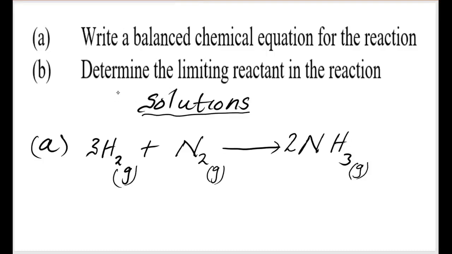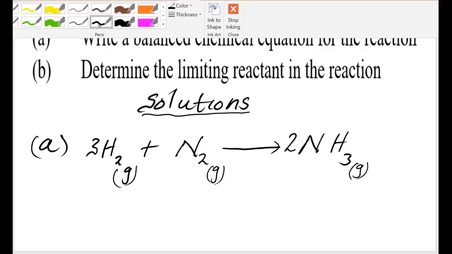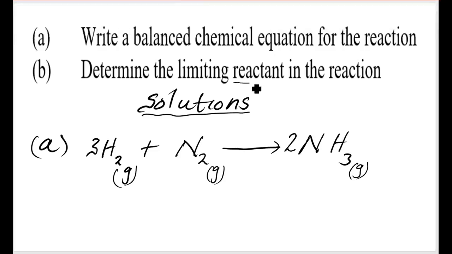The second question says determine the limiting reactant in the reaction. The keyword is the reactant. For you to determine the limiting reactant, you deal with the reactants in the reaction.